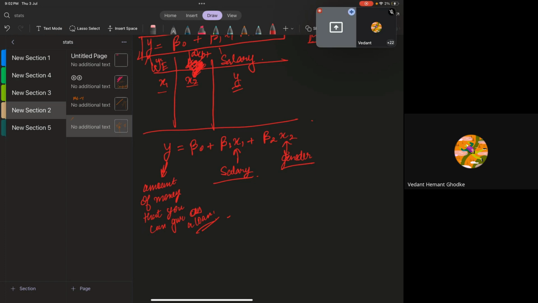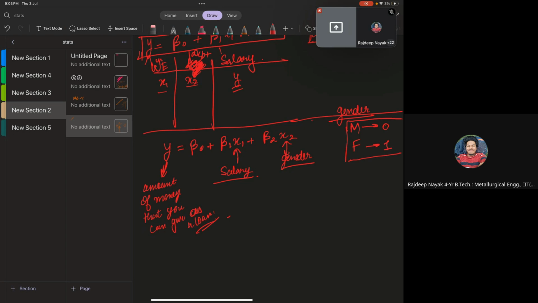First of all, I want you to understand the gender is male and female. Does the model understand male and female? Does a laptop computer understand male and female? No. It understands only numbers, right? So first of all, you can change it into numbers. You can say male is equal to 0 and female equal to 1. Clear? Yes.